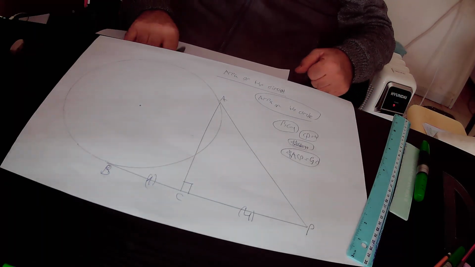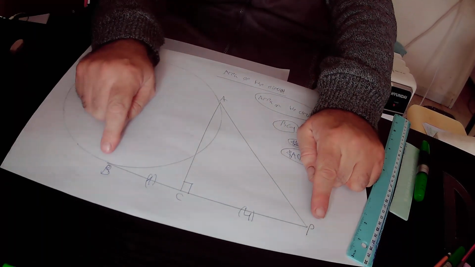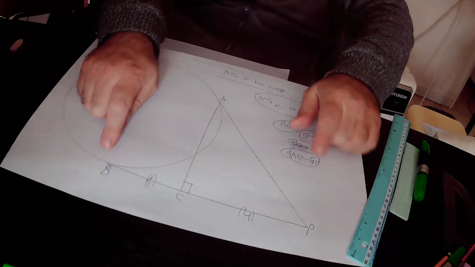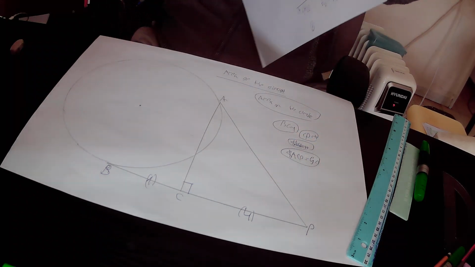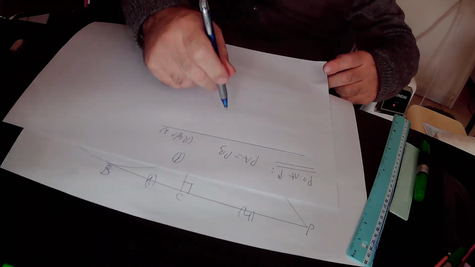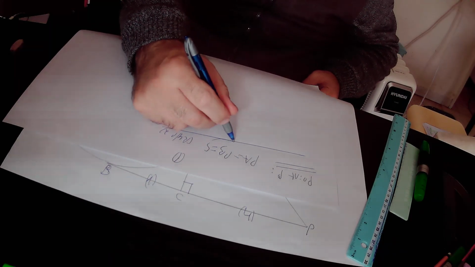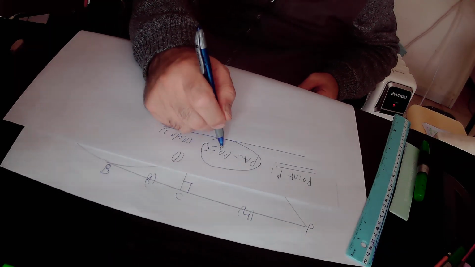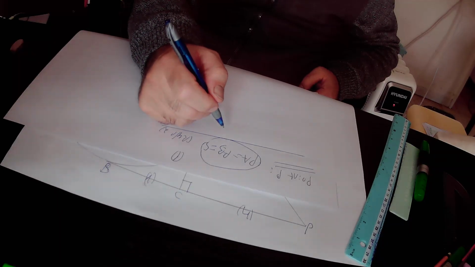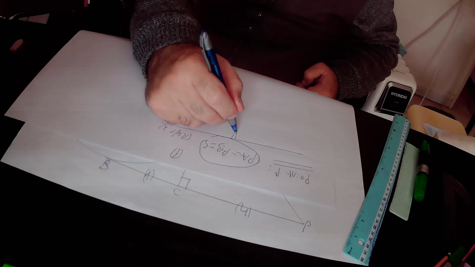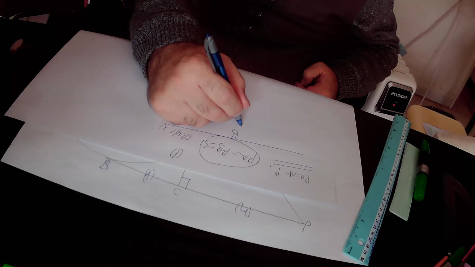But it is given in the question that the length of this tangent PB is 1 plus 4, that is 5. So can I say that the length of tangent PB equals 5 units? And from this equation, PA equals PB equals 5. We derive that tangent PA also equals 5 units in length.